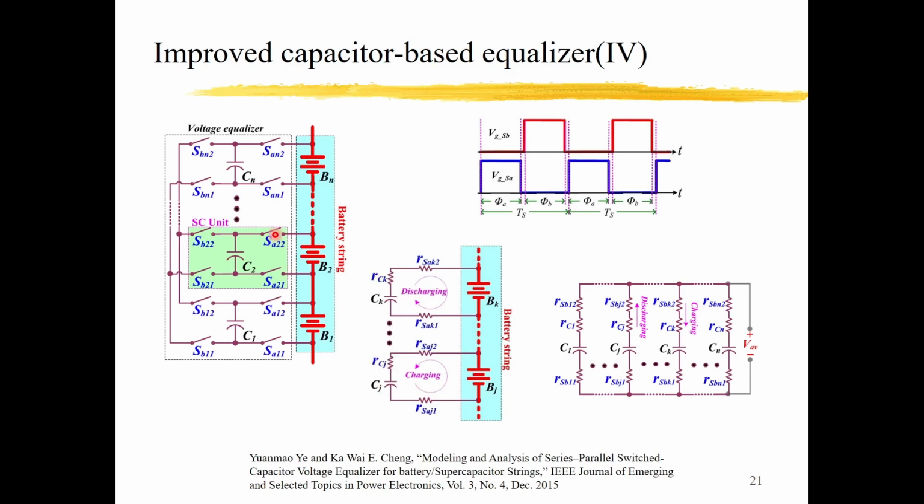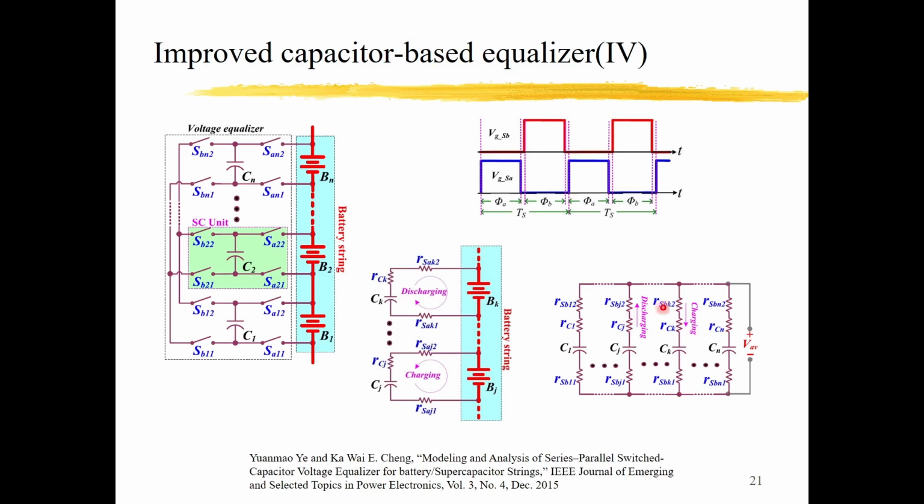And at the second stage, these switches are turned on and the switches here are turned off. The turn on of these switches will make all the capacitors parallel together. So at this stage, the capacitor energies will be transferred. The higher voltage capacitors will transfer their energy to the lower voltage capacitors.